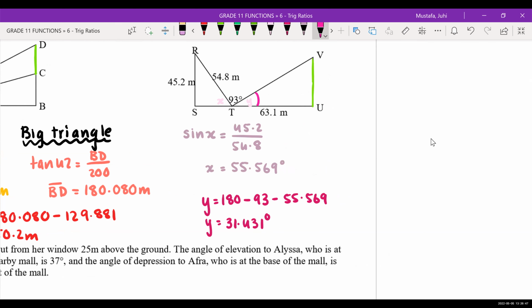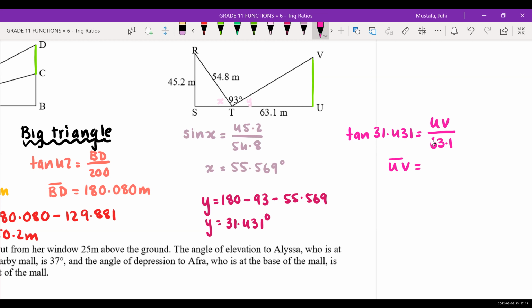We're trying to figure out what this side length is, and we have this. So we can go ahead and use tan to figure this out because we're not dealing with the hypotenuse at all. So we're going to go tan of angle Y, which is 31.431, is equal to side length UV over 63.1.